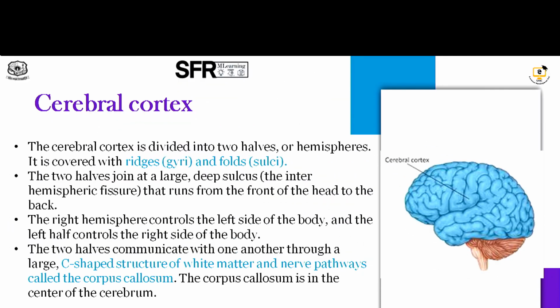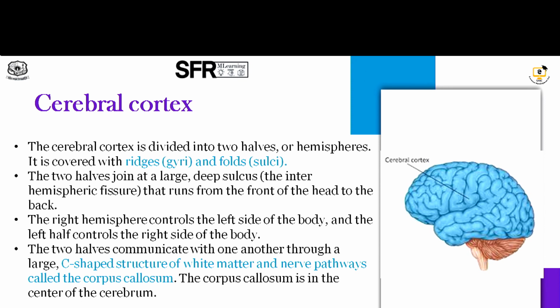Your cerebral cortex has foldings. When you look at the brain, it has foldings. Those foldings are known as your fissures and your sulci. They are all convolutions; your fissures and sulci are nothing but furrows, grooves, or depressions in the brain.